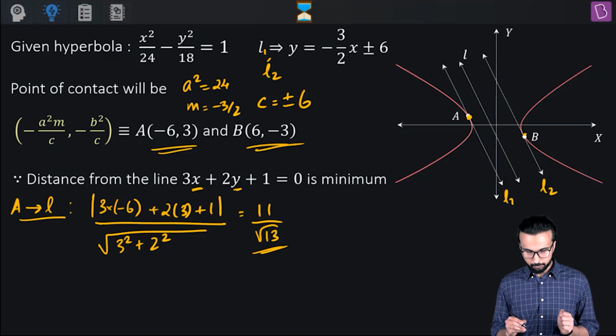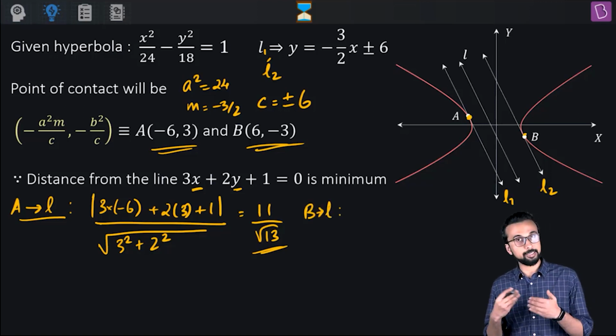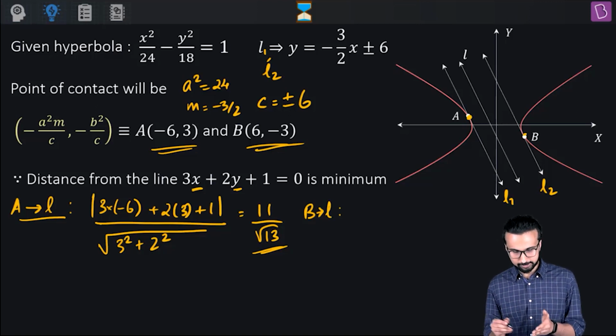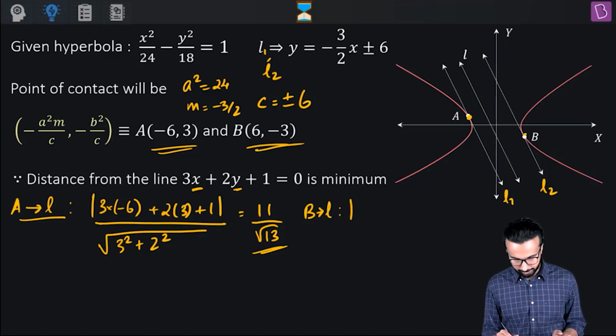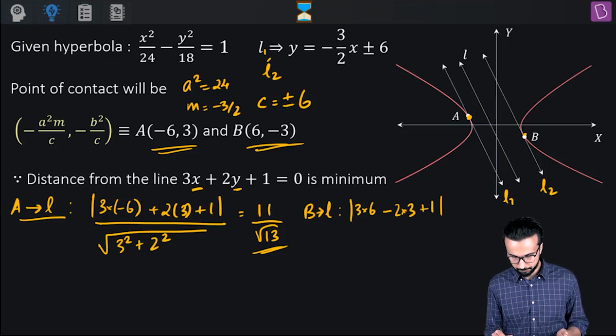Now, from point B to L, what will that distance be? From point B, 6 comma minus 3, to L, you will get the distance as 3 into 6, which is 18, plus 2 into minus 3. Same thing. 18 minus 6 is 12 plus 1 divided by root of 3 square plus 2 square again.